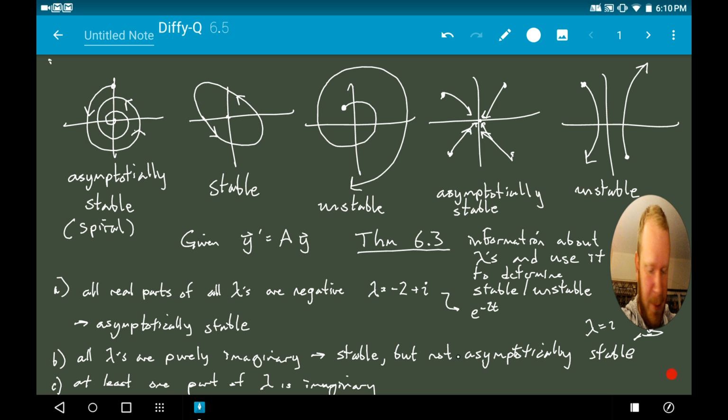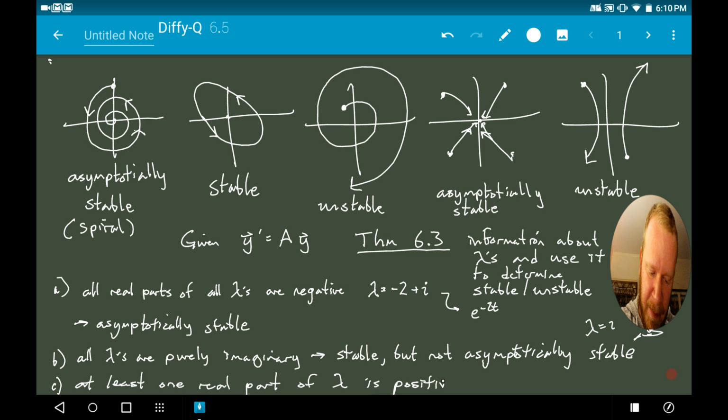And what that means is, let me just rewrite that. At least one real part of lambda is positive.